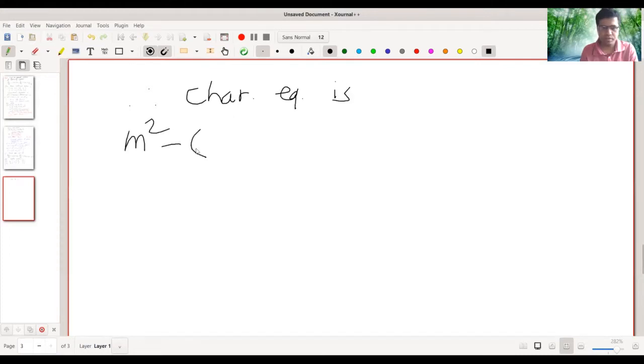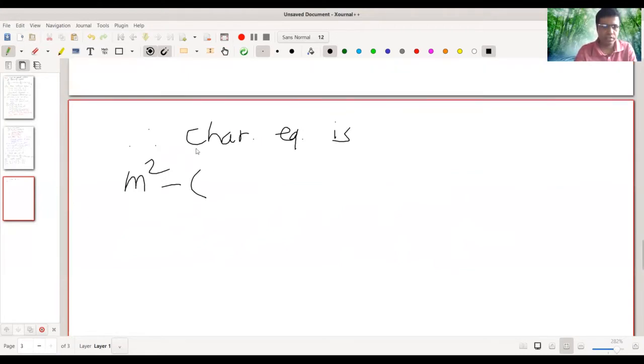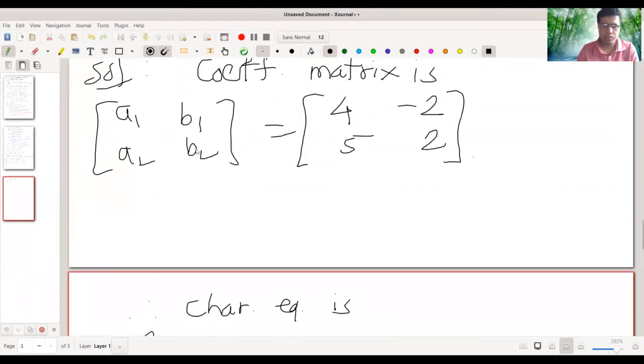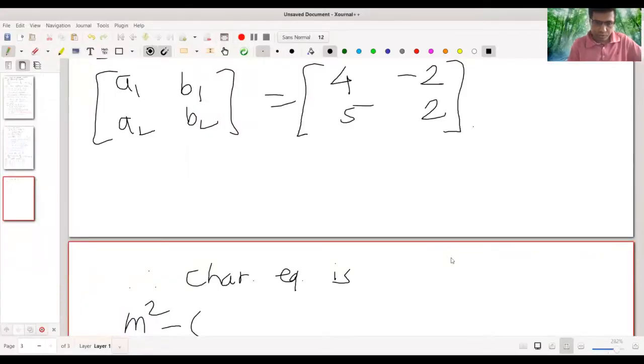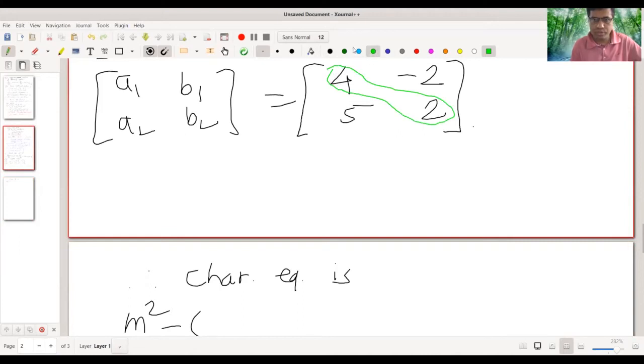For the characteristic equation we write M square minus trace of this matrix, that is the sum of these diagonal entries, that is 4 plus 2, 6, M, and plus determinant, it is 4 into 2 minus 5 into minus 2.